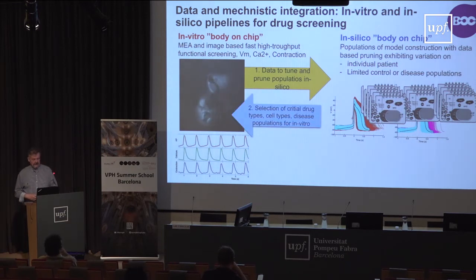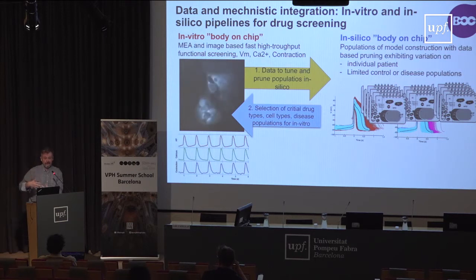But in a way, now that we have the models, we have shown that you can tune the models, make the models based on the in vitro data, whether it's electrophysiological data or data from optical measures. We can tune the populations, do the drug testing, do certain kinds of disease modeling in silico.